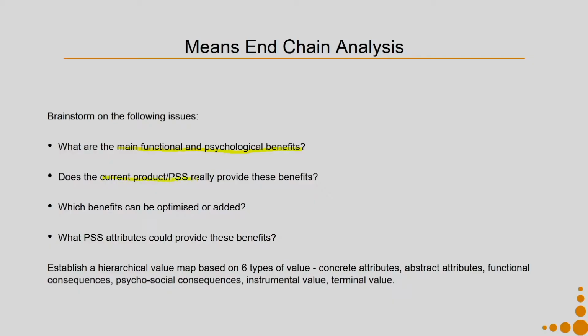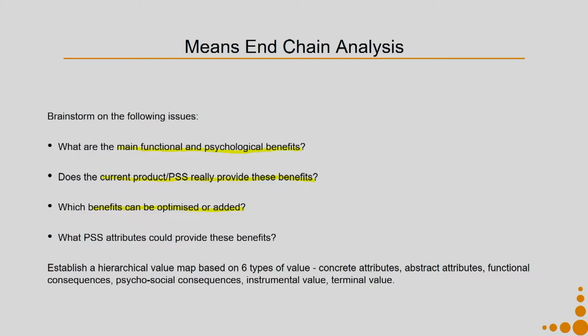Anything that you buy or use gives you functional and psychological benefits. So first, in a team, you identify all the functional and psychological benefits. Then try to see: does the current product or PSS really provide these benefits? Which benefits can be optimized or added?